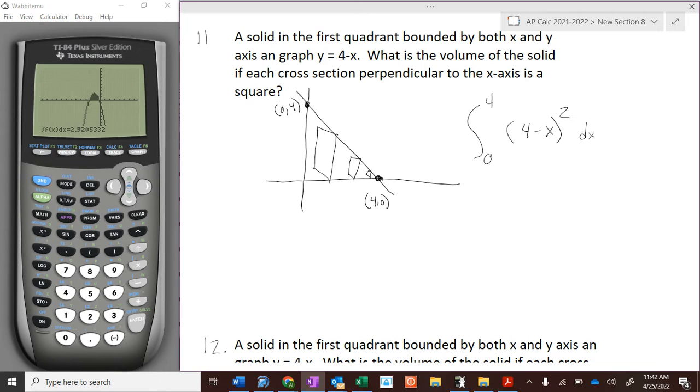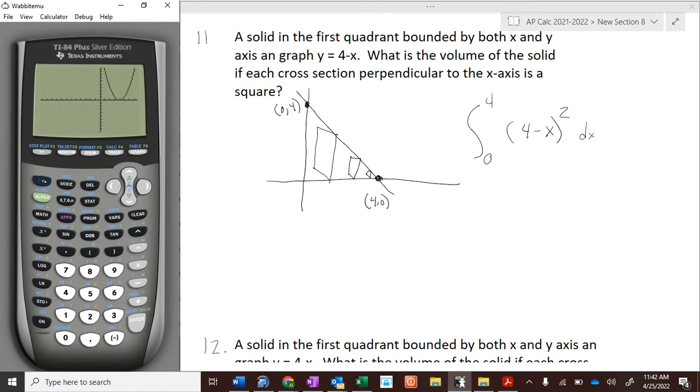Integrate. So on our calculator, y equals, clear, clear. Turn this off and go back up to y1. Parentheses, 4 minus x quantity squared. Graph it.